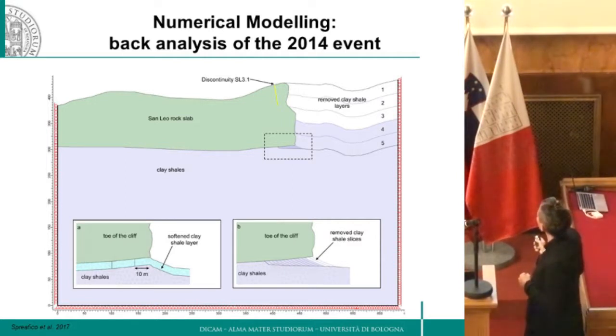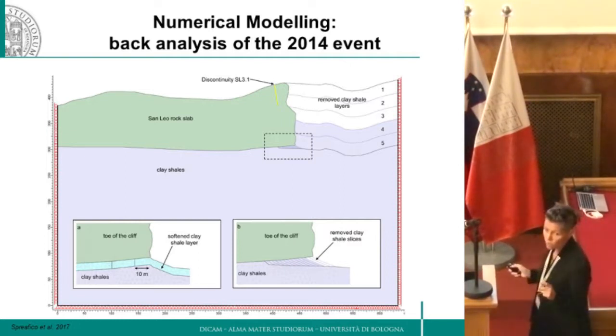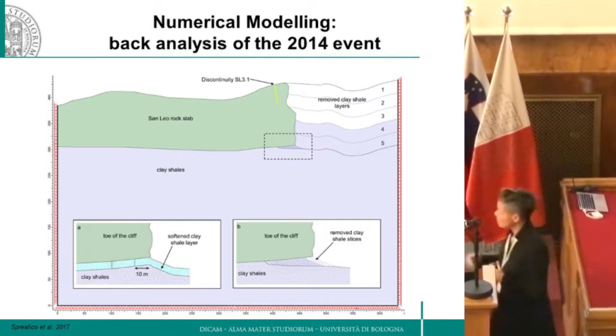So the two main parts are, on the one hand, the analysis of the behavior of this softened clay shale layer at the bottom, and on the other hand, the progressive removal of clay shale slices at the bottom.